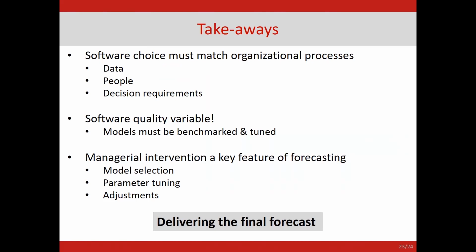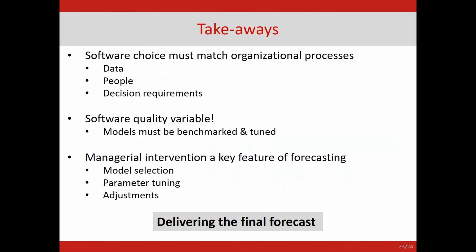So, for example, in a pharmaceutical company, you've possibly got an S-shaped curve, but exponential smoothing will never give you an S-shaped curve. So what they had to do was change the database to get the forecast they wanted in the first place. Software quality is variable. You have to benchmark those methods, either yourself or get a consultant or whatever.